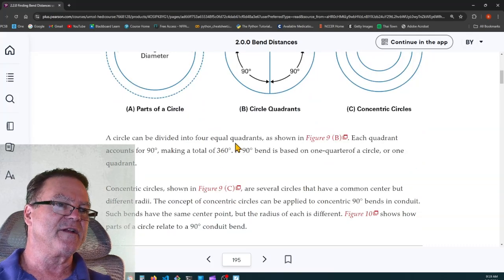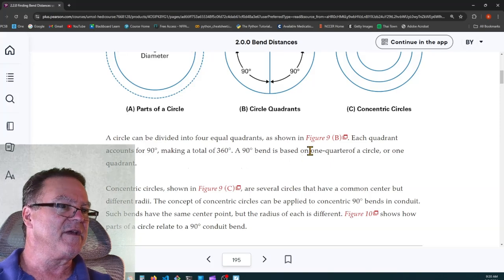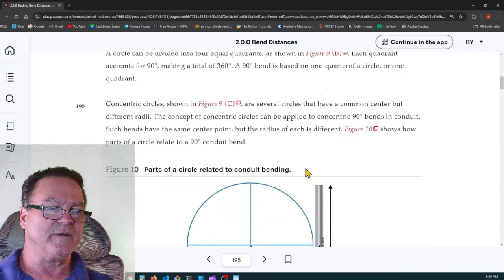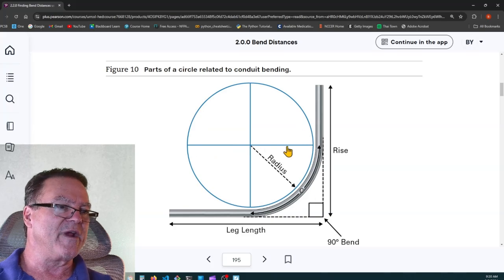A circle can be divided into 4 equal quadrants, as shown in figure 9. Each quadrant accounts for 90 degrees, making a total of 360 degrees. So a 90-degree bend is based on 1/4 of a circle. Diameter times pi gives us the circumference, or the radius times pi gives us half the circumference, or we could say radius times half of pi would give us the developed length for 90 degrees, for 1/4 of this circle.